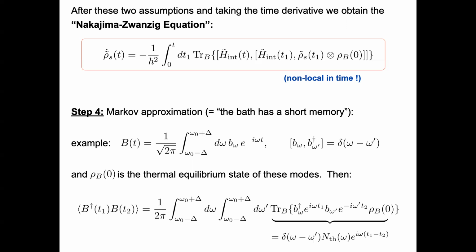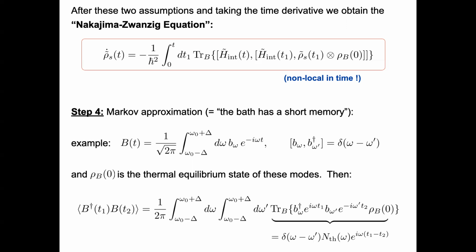In discrete language, this would be just delta_nm times the expectation value of the equilibrium occupation number.